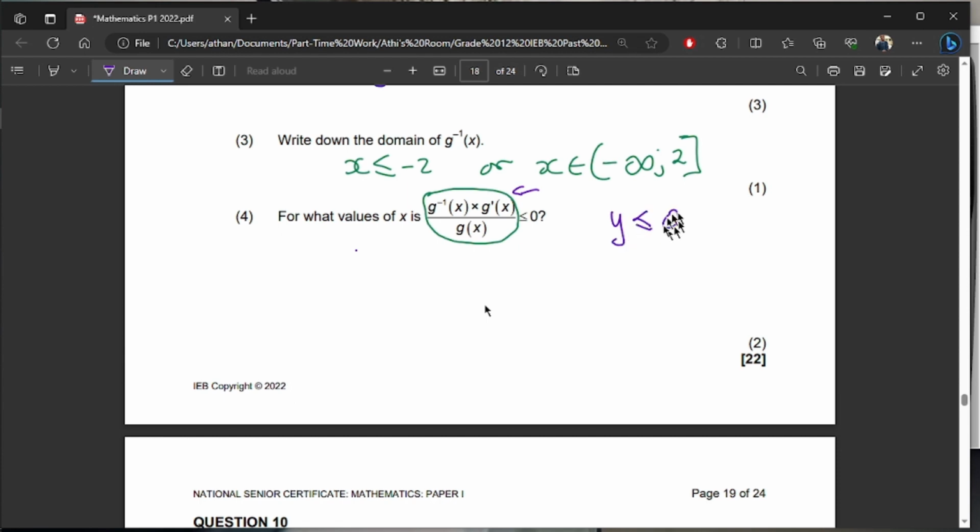This must be less or equal to 0, meaning your graph must be above or equal to 0. Okay, no, less means negative, so it must be below. Your graph must be below.